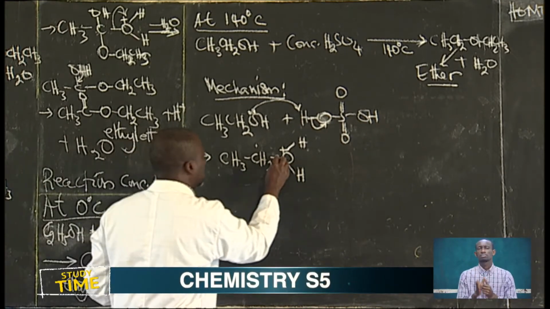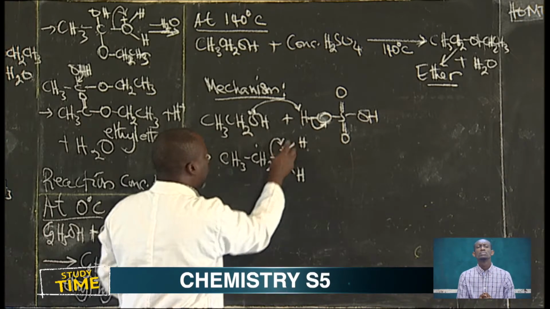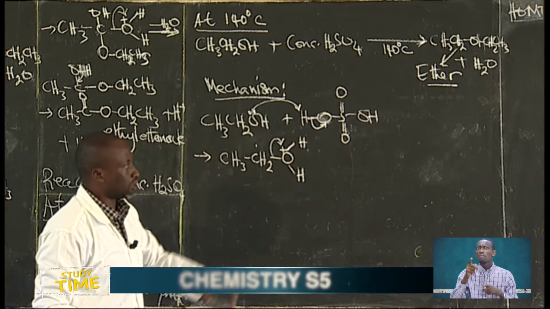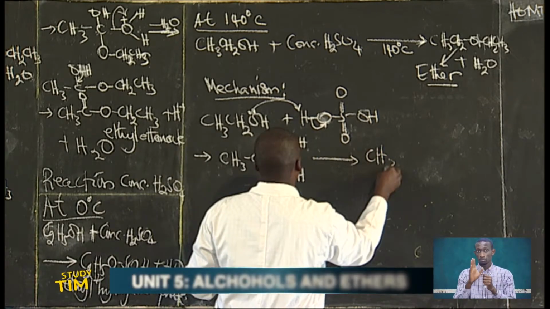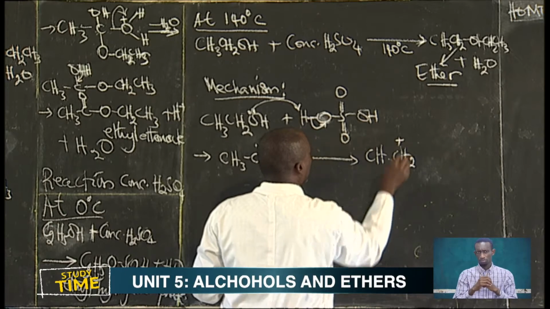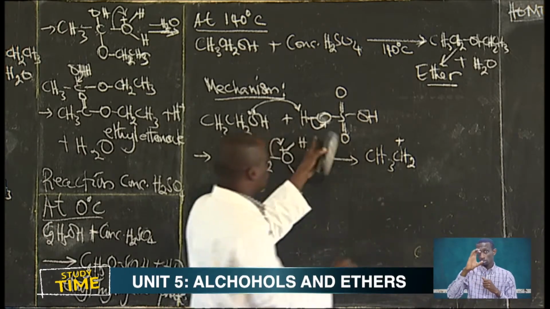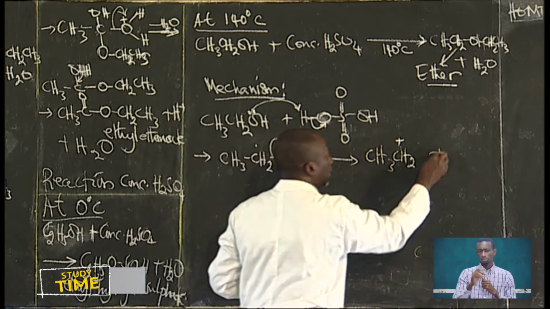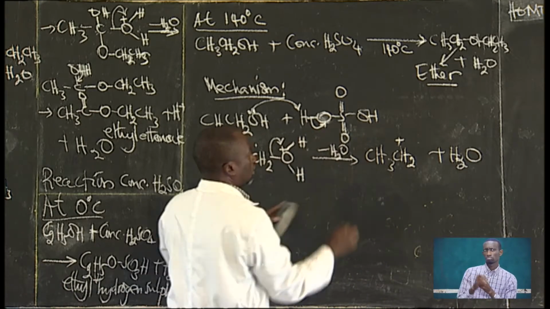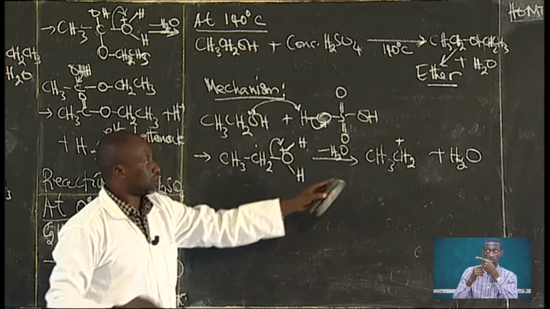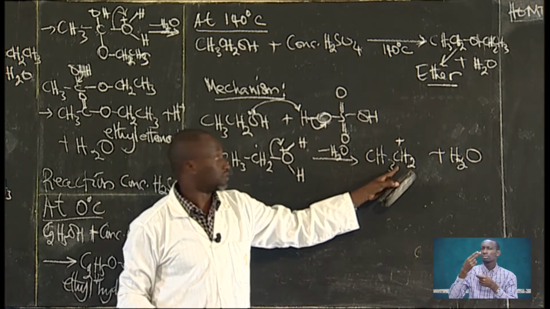So what happens here is this bond breaks, usually to neutralize the positive charge. And that one will produce a carbocation. So this carbocation plus the water molecule, because there is elimination of the water molecule here. So this is the primary carbocation that is formed.